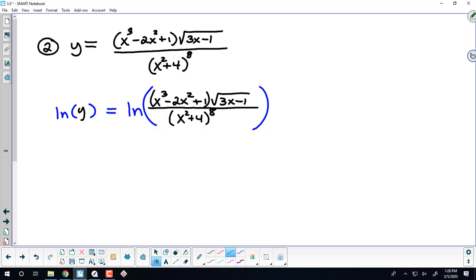And then we're going to simplify using the properties of logarithms.